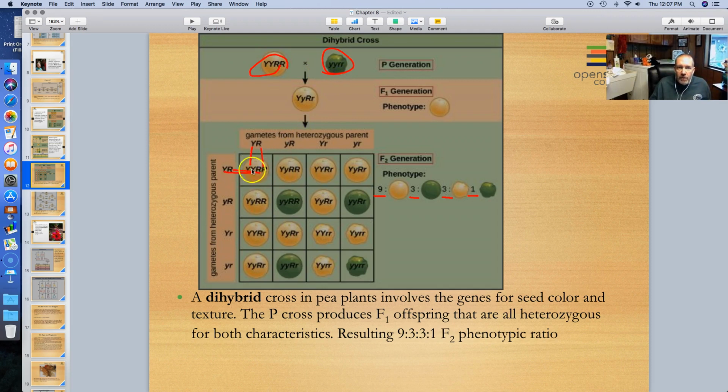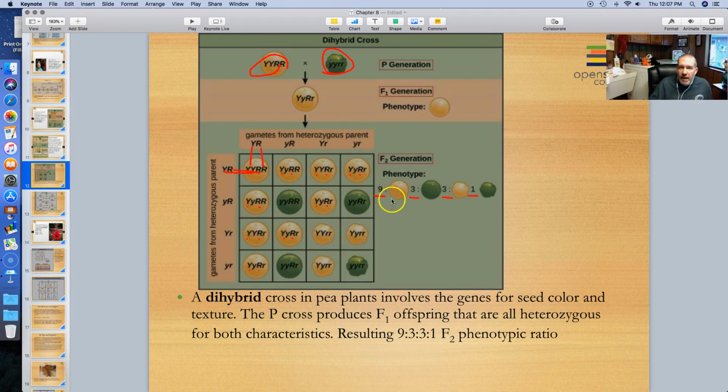And again, we know if there's a dominant allele present, if at least one dominant allele is present, the phenotype is going to show the dominant characteristic. And so all of these have one dominant allele for both the yellow color and the round shape.